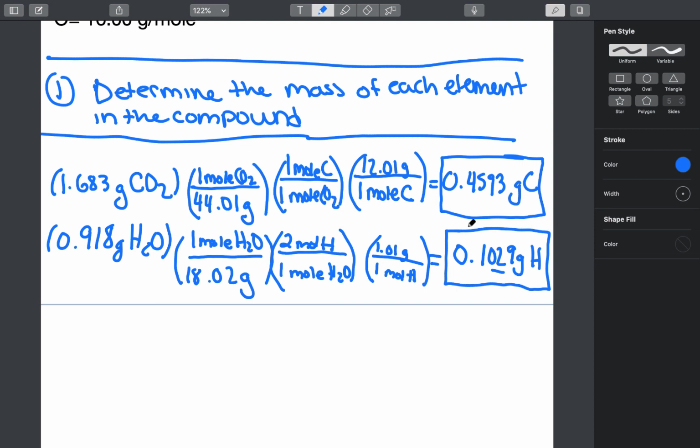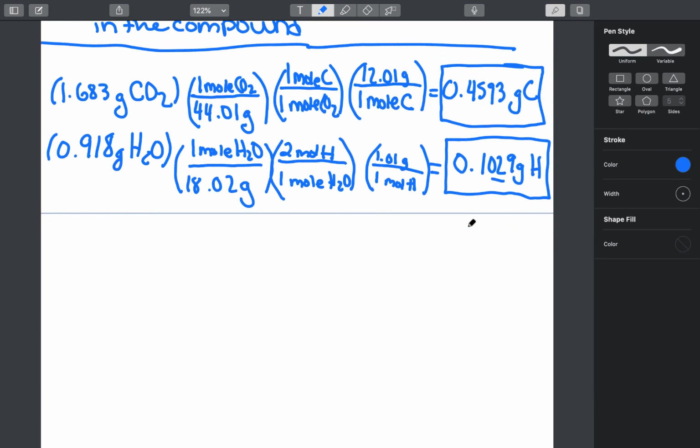So the last thing is to find the mass of oxygen. This is the trickiest part. However, there is a particular formula you can use.